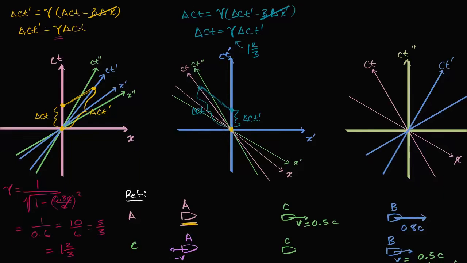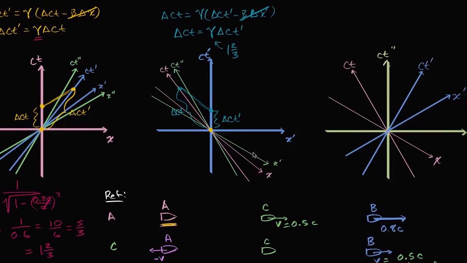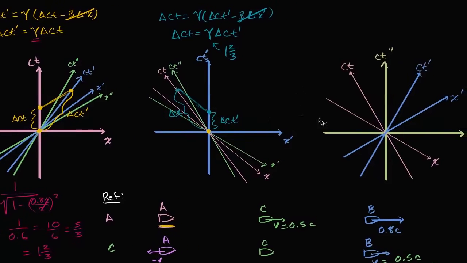And to help us reconcile these and to visualize a little bit better, and actually even to be able to put CT and CT prime on the same scale, we can look for this neutral frame of reference, which we did in the last video I made.